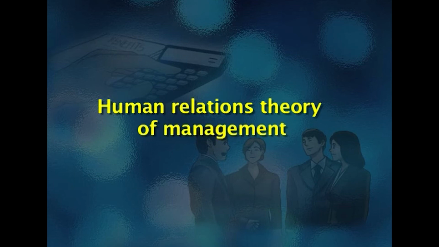We are going to discuss the human relation theory of management. The human relation theory of management began development in the early 1920s during the Industrial Revolution. The human relation management theory is a research belief that people desire to be a part of a supportive team that facilitates development and growth.